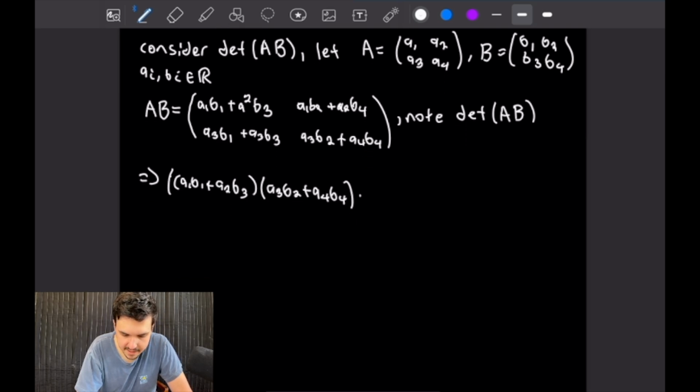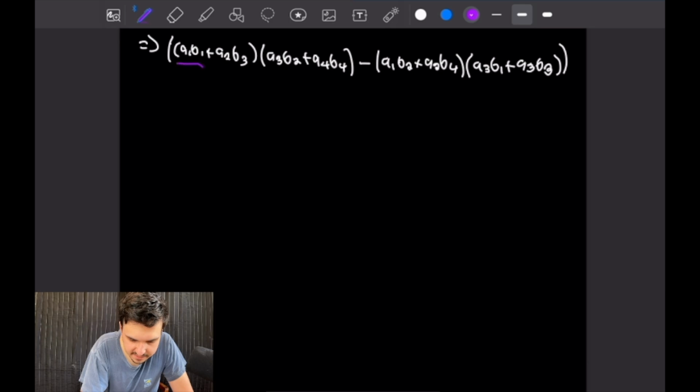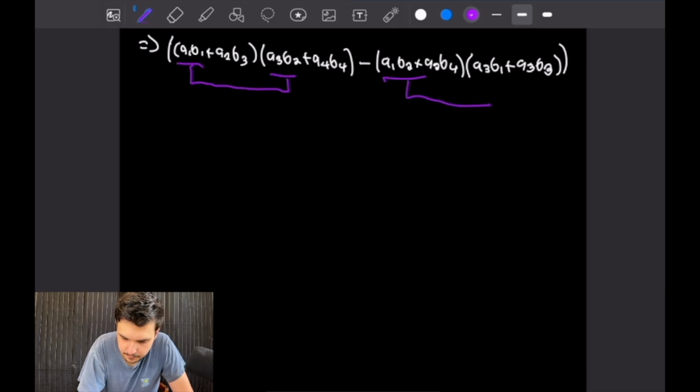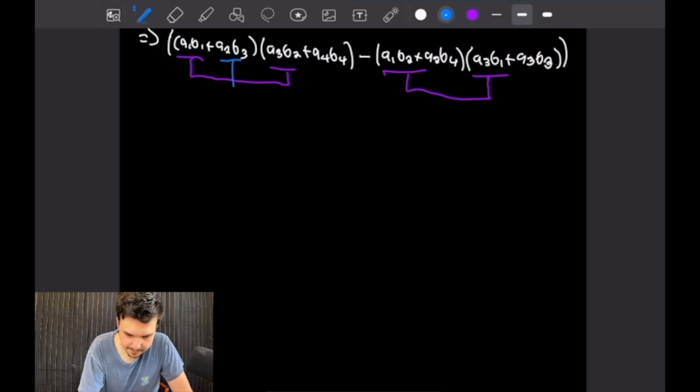And that will be minus A1 B2 plus A2 B4 times A3 B1 plus A4 B3. Great. And so from here, I want you to note that the product of these things I've outlined in purple will cancel out, as well as the product of the things I will outline in blue, that being this times this and this times this.